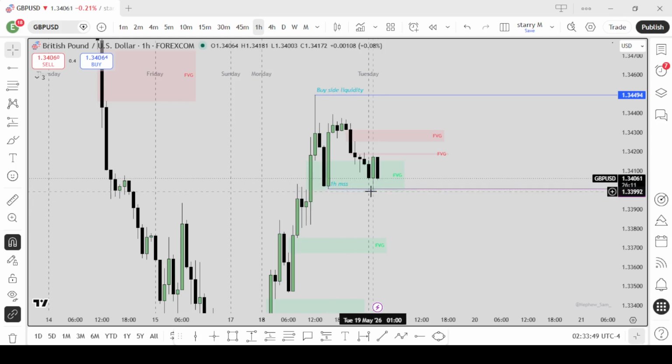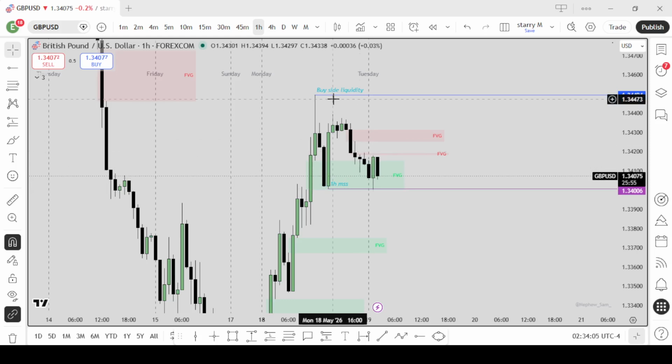Here it looks like it has just touched it. This is more or less an equal low. I wouldn't say this is a market structure shift. Even if there are fair value gaps, and although there's an internal shift here, this was during the dead hours of the market, so I shouldn't dwell much on that.